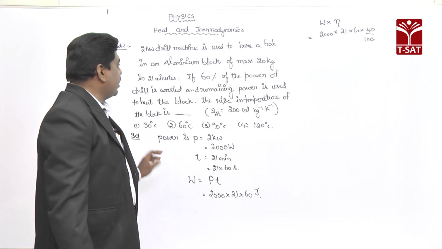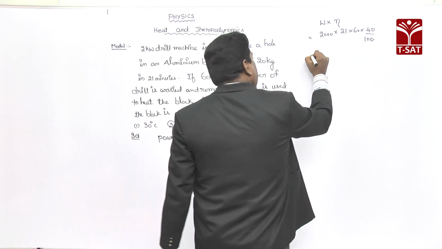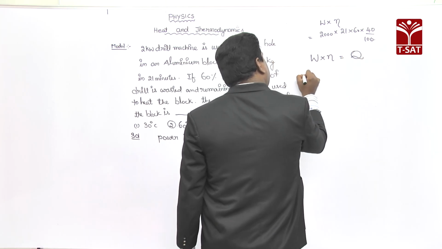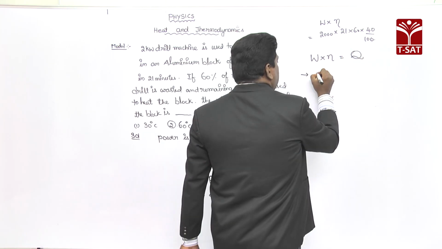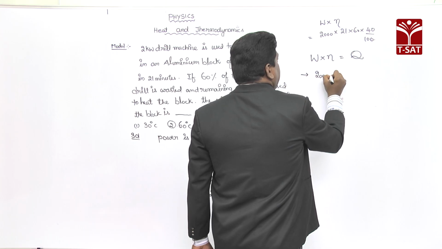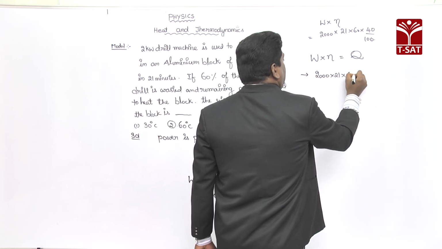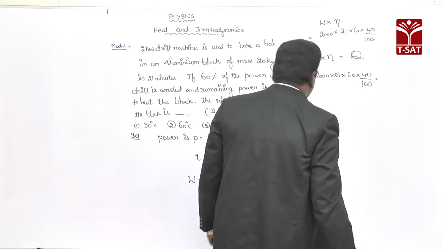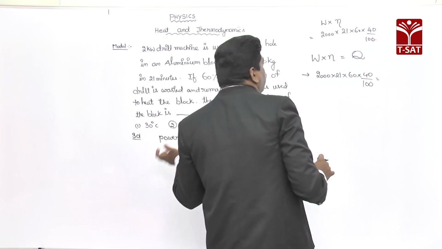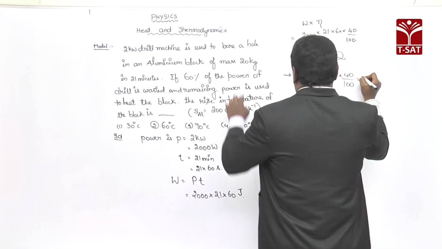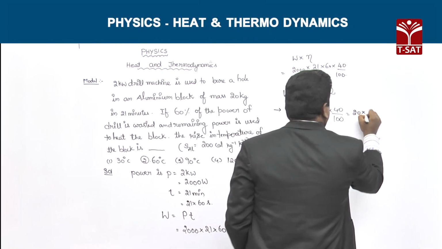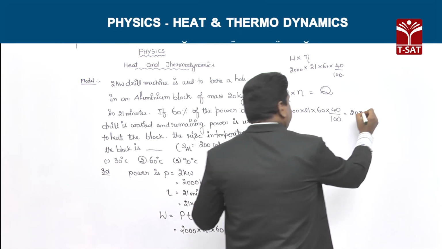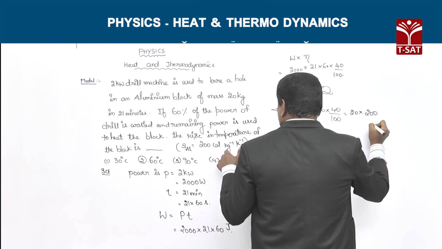So I can write it as W into efficiency equals the quantity of heat developed in the block. So 2000 into 21 into 60 into 40 by 100 equals heat, which is given as M S delta theta, where M is given as 20 kg and S is given as 200 calorie.